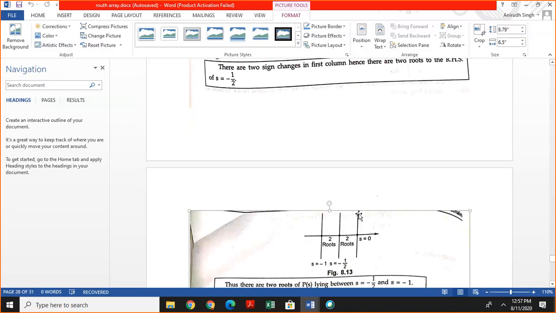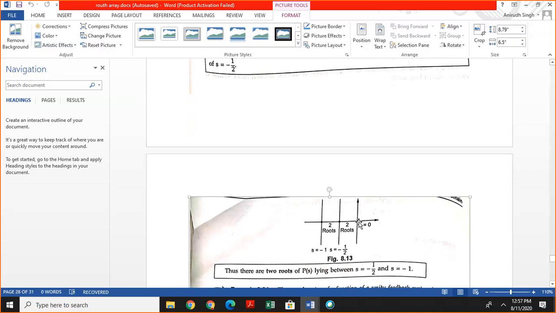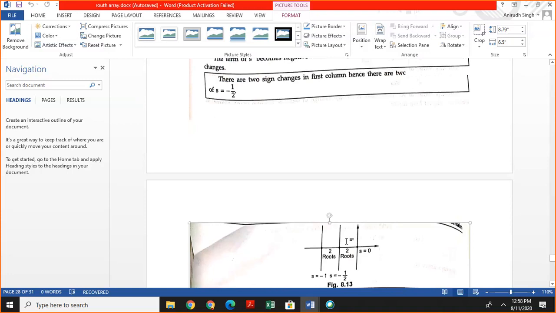This is the origin, s is equal to 0, this is s is equal to minus half, and this line is s is equal to minus 1. In the question, you have to find out how many roots are between minus half and minus 1. So first you put s is equal to minus 1, and second you put s is equal to minus half.